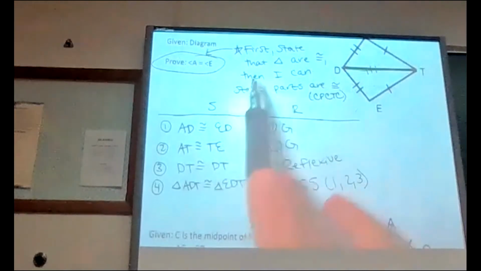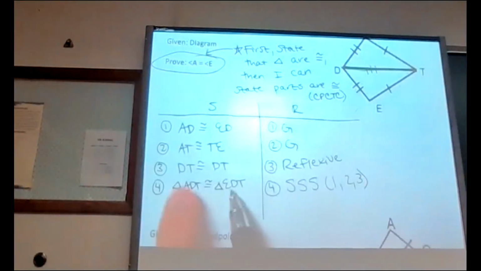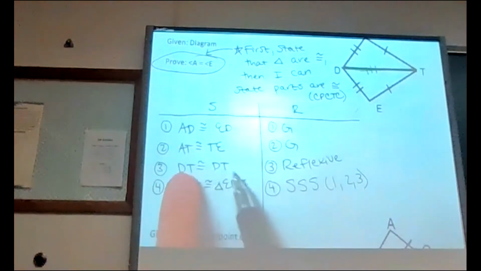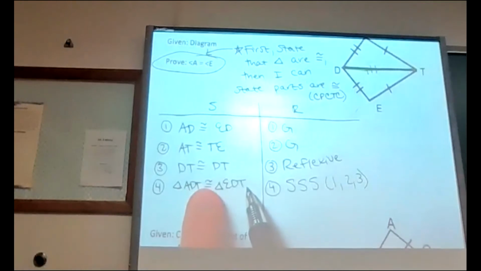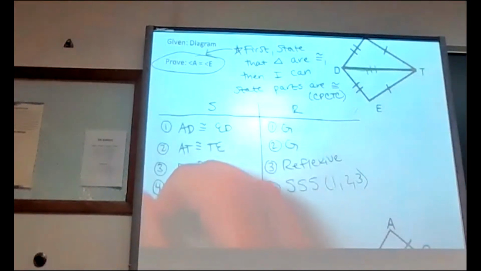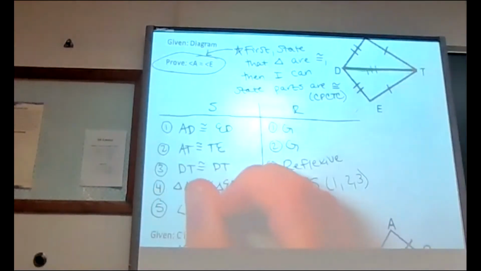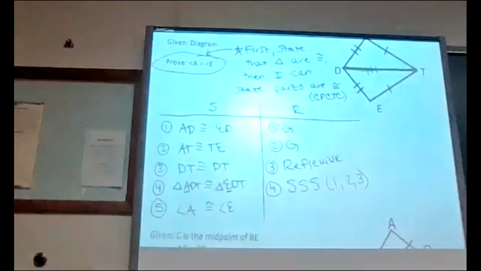Now that I've said that my triangles are congruent, just like the other day, if these are congruent, then these sides that match up would be congruent: A to E, D to D, T to T. We did that the other day where we listed all the angles and sides that match. So if these triangles are congruent, then I can say that angle A is congruent to angle E because they're in the same spot in my congruency statement.